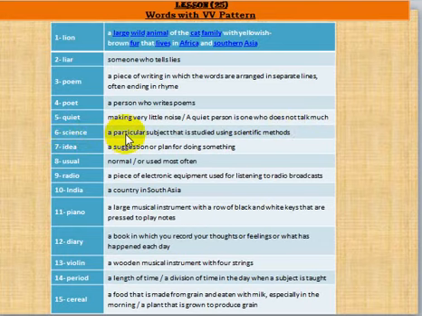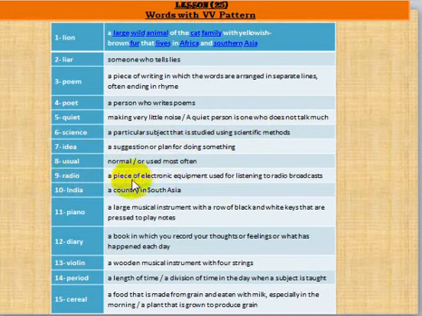Number 6, science. Of course, science, you know, it's a particular subject that is studied using scientific methods. Number 7, idea, a suggestion or a plan for doing something. Number 8, usual. Normal, used most often.